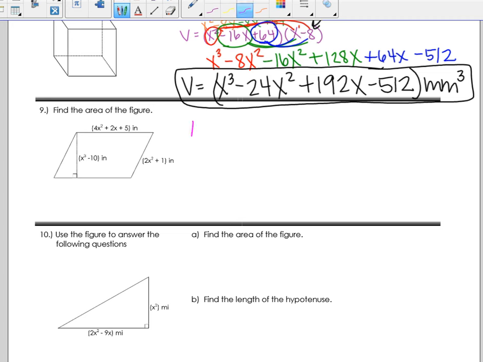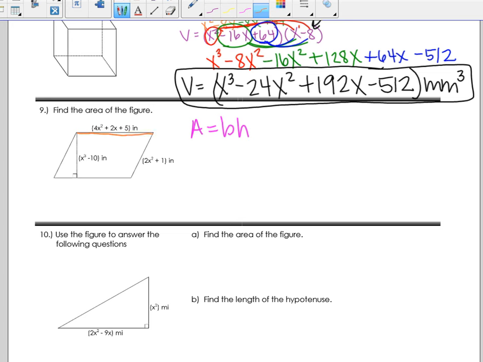Wow. All right, area here is base times height. So your base, notice in this picture you have 3 separate dimensions that you're given. Well, in this case, this 2x squared plus 1 doesn't matter because your base is the bottom of it. In this case, it's the top. They're the same.